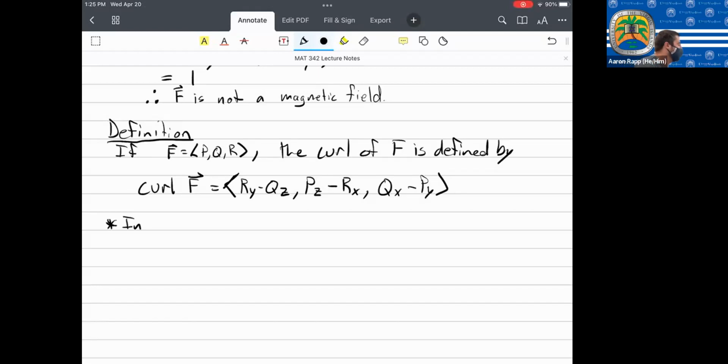It doesn't have an easy transition into 2 dimensions. In fact, even if you're working within 2 dimensions, your curl is going to end up becoming a vector in 3 dimensions. Oops, sorry, I wrote R2.